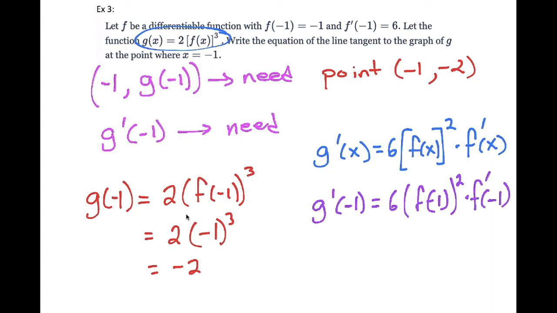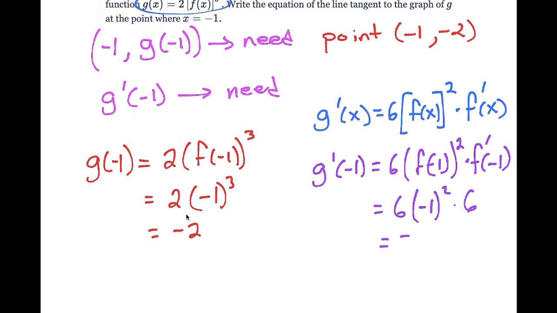I have all those values in my given information. This is negative 1 squared. F prime of negative 1 is 6. So we end up with 36. That's our slope.